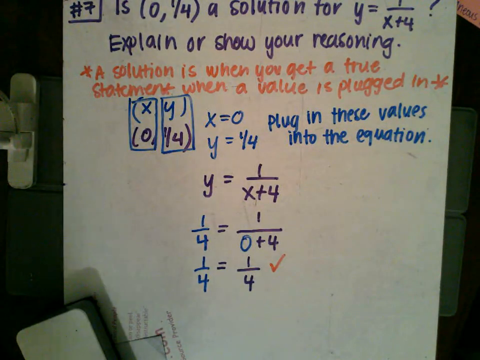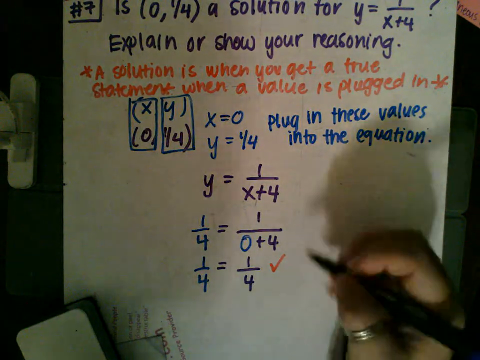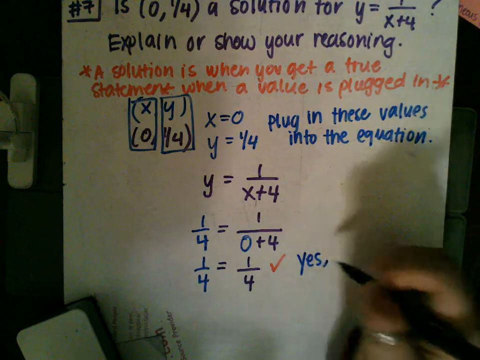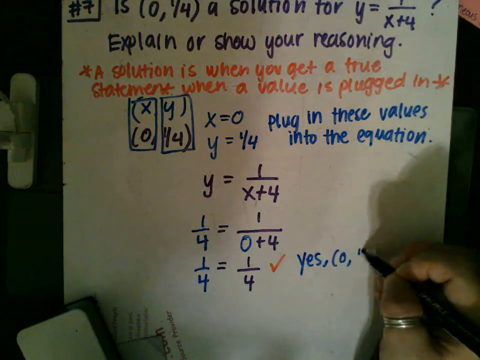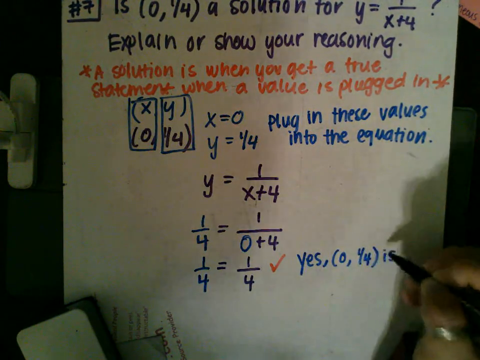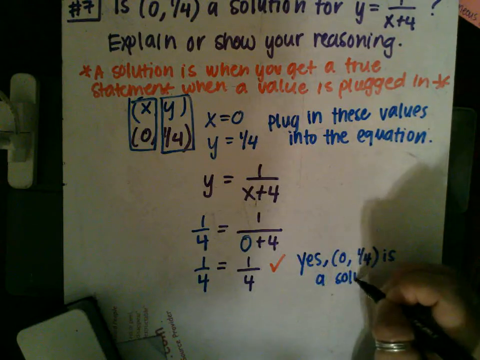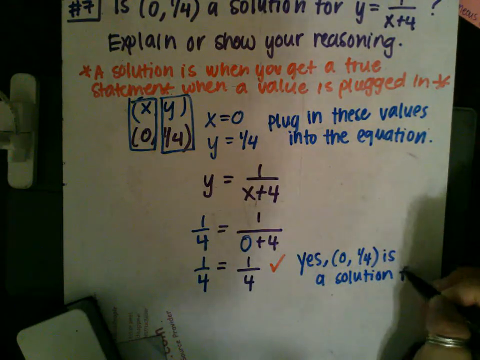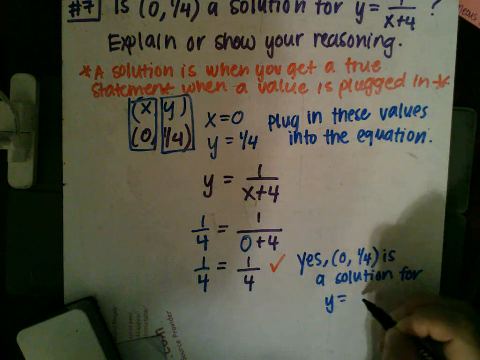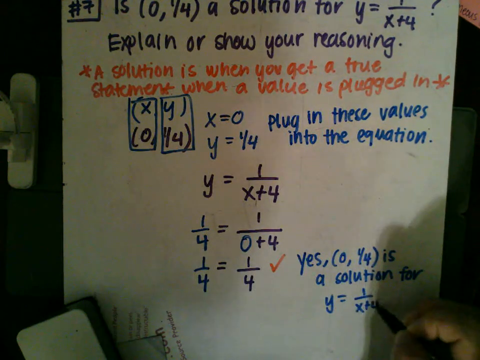So my answer to this question, since I got a true statement when I plugged something in, I would say yes, (0, 1/4) is a solution for y equals 1 over x plus 4.